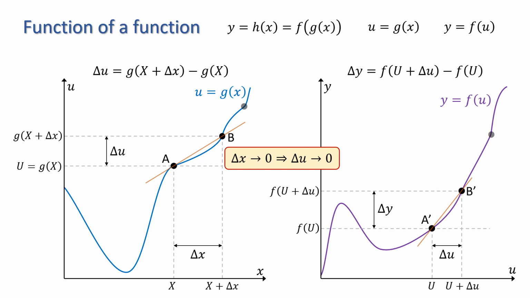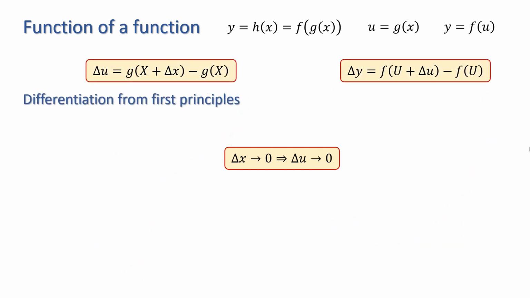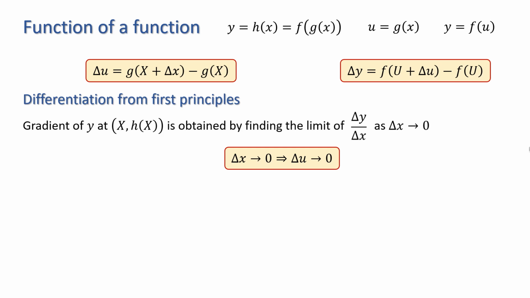The gradients of the lines passing through AB and A dashed B dashed will thus change together, and on both curves we see that the gradients get closer to the gradients of the tangent at A and A dashed respectively. The gradient of y at the point x, h of x, is obtained by finding the limit of delta y over delta x as delta x tends to 0.